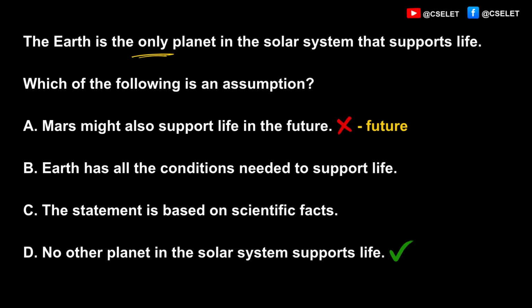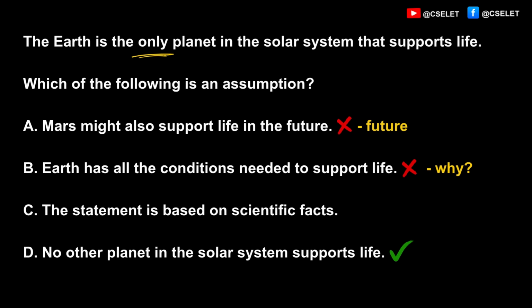Letter B naman, Earth has all the conditions needed to support life. This may be true, but it is not mentioned in the original statement. Oo, ang Earth ay may conditions for life, pero hindi ito ang focus ng statement. The statement didn't focus on why Earth supports life, just that it does, and therefore, this is not an assumption.